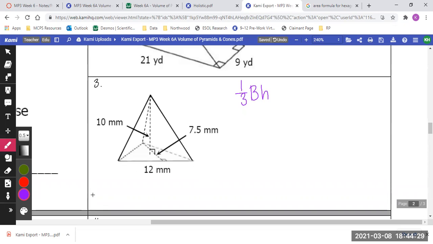So I see here my big B base. My big B base is the area of this triangle. We're going to pretend that it's drawn nicely. Well, the area of that triangle is 1/2 my base, little b, times my height. Again, these are just of the triangle.